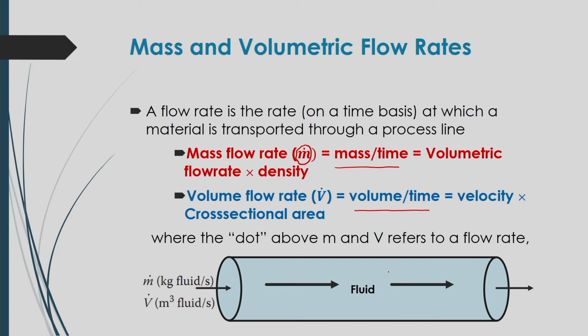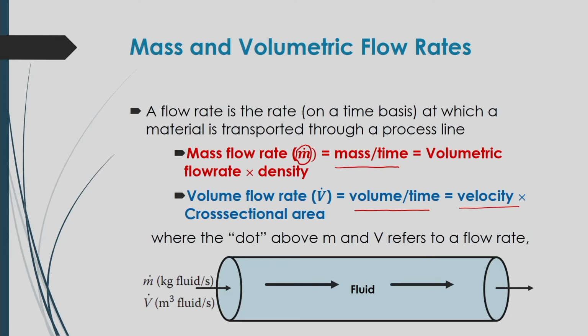If you know the velocity of the fluid through a particular process unit, and if you know the cross sectional area of that process unit, like when fluid is flowing through a pipe, what the cross sectional area of the pipe is, then you can get the volumetric flow rate in terms of velocity and the cross sectional area. So, volumetric flow rate will be equal to velocity into cross sectional area.